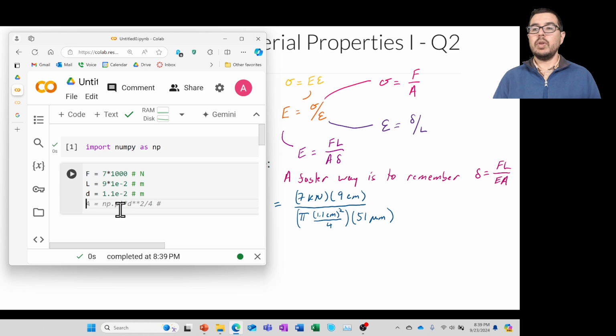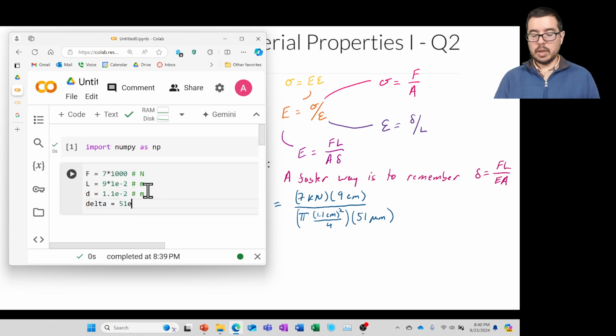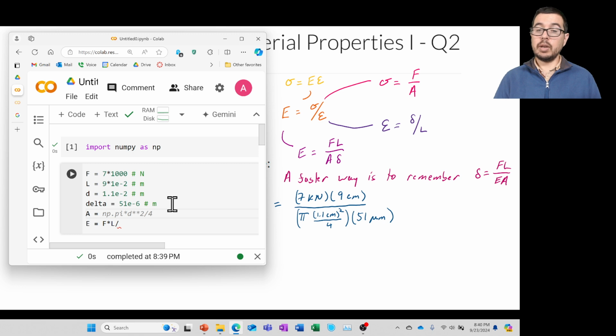And we have a delta, which was given as 51 microns. We could write it like that, but we'll do e to the minus 6 meters. And we can then say E is going to be equal to F times L. This is where we can make some decisions, but to keep things a little bit simpler, I'll calculate the area in another line.